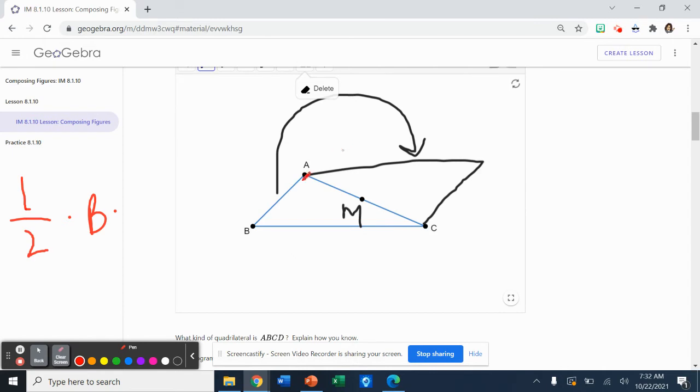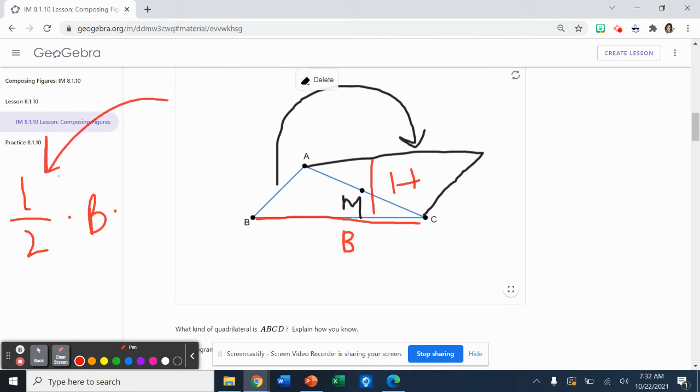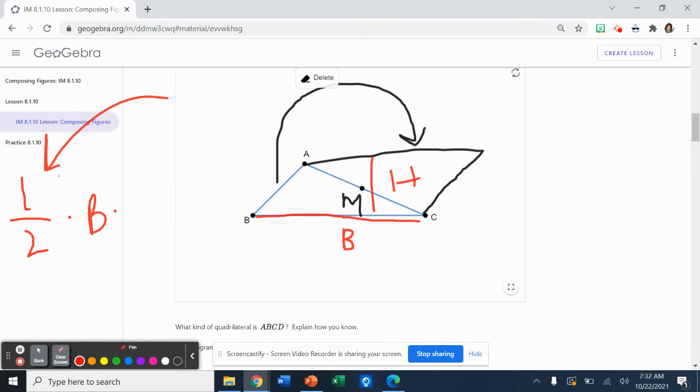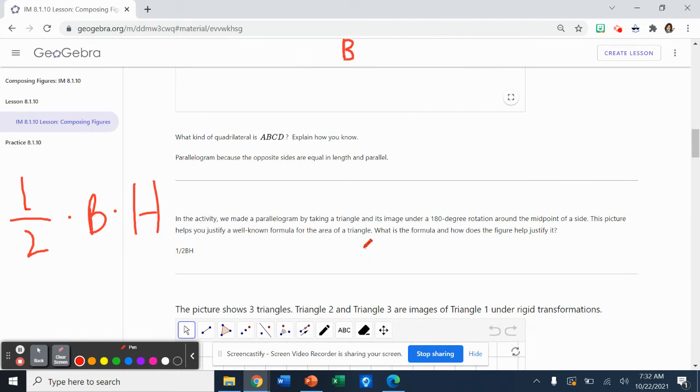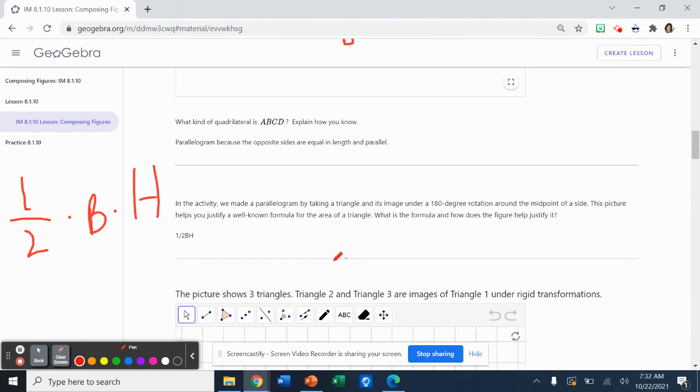The triangle is half of a parallelogram. And the formula for a parallelogram is just base times height. So we just proved why the formula for a triangle is 1/2 of base times height, because it is half, literally, it takes two triangles to create a parallelogram. And that is why the formula is true.